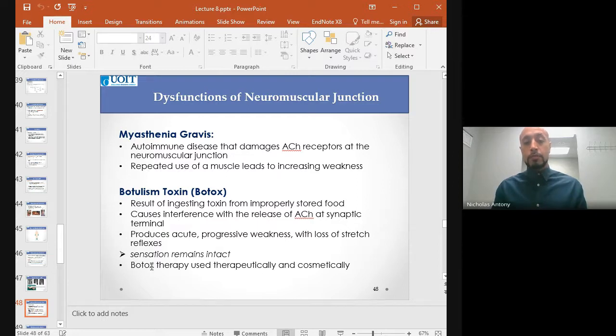Botox means botulism toxin, and so they use it therapeutically and cosmetically to stop the firing of muscles because it's going to interfere with acetylcholine at the synaptic terminal. So you don't get acetylcholine being released. So that would be just motor though. So botulism, Botox, they don't use for pain.